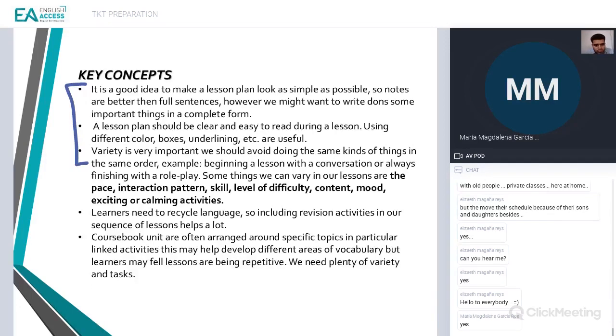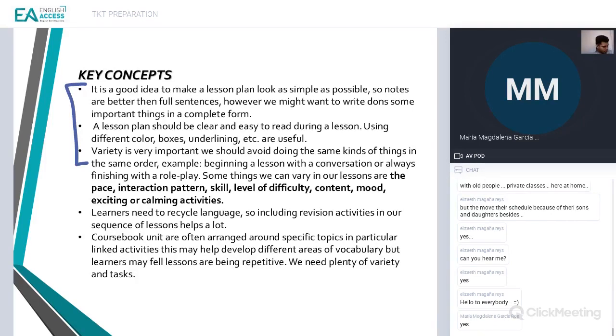Variety is very important. We should avoid doing the same kinds of things in the same order. Example, beginning a lesson with a conversation or always finishing with a role play. Some things we can vary in our lessons are the pace, interaction pattern, skill, level of difficulty, content, exciting or calming activities. All right, very good.